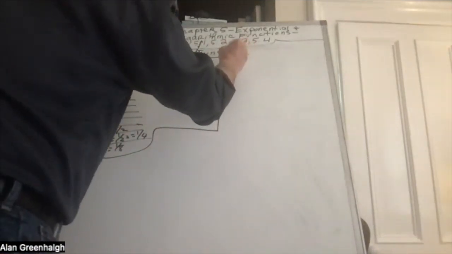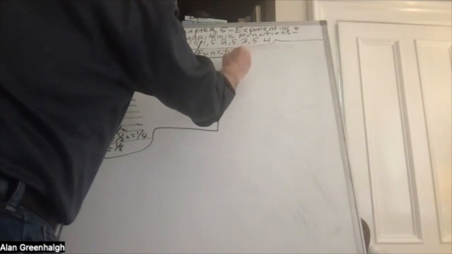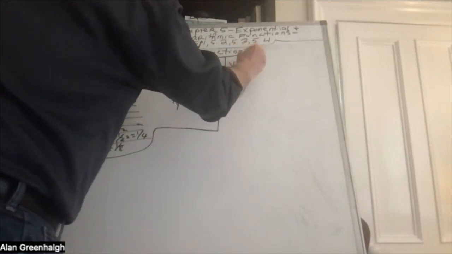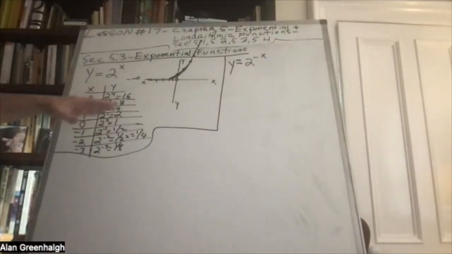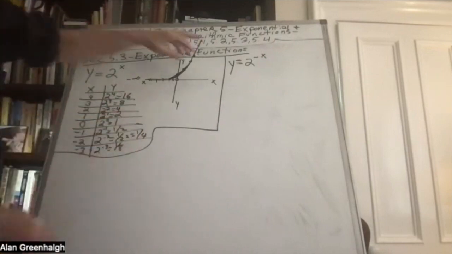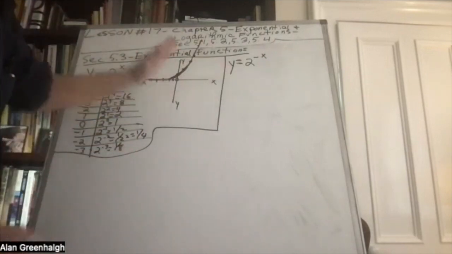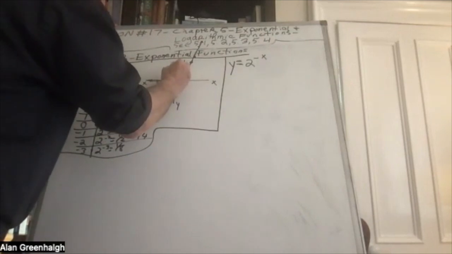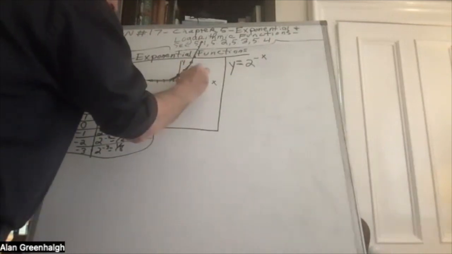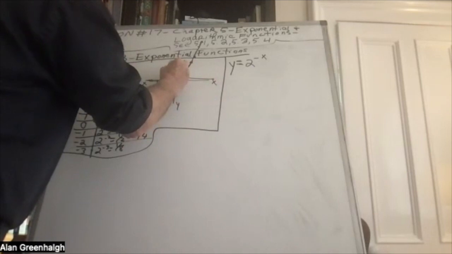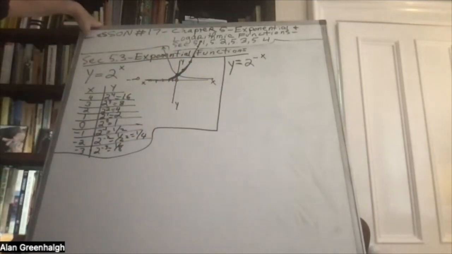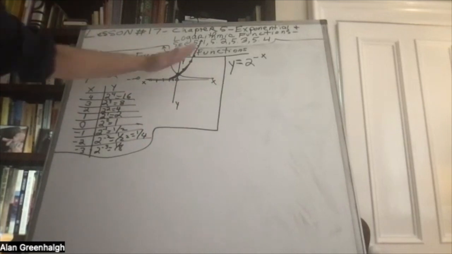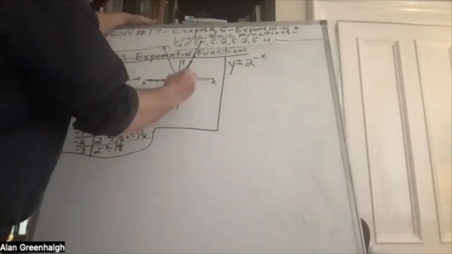y equals 2 to the -x is going to be, without going through the actual graphing of it, we know that it's going to be the reflection in the y-axis. So this is going to look like this. This is called exponential growth.